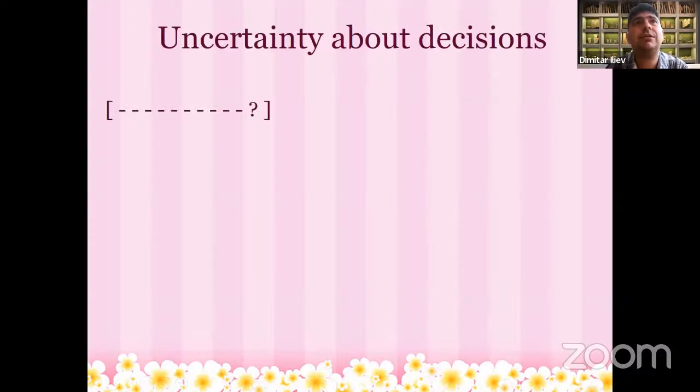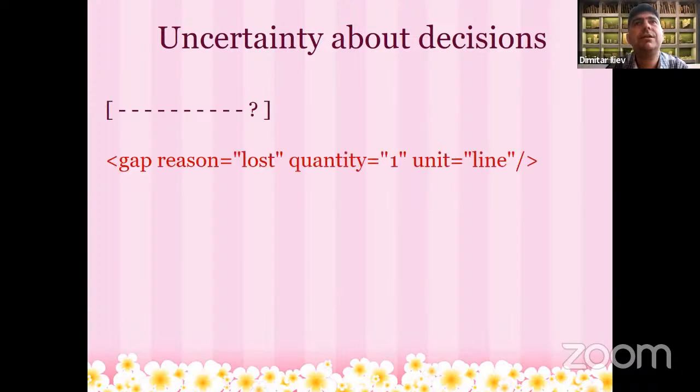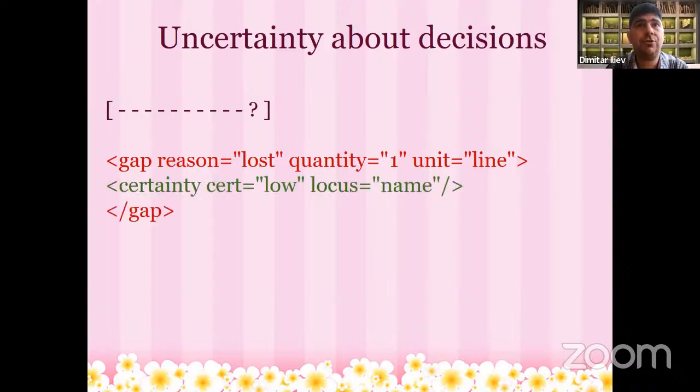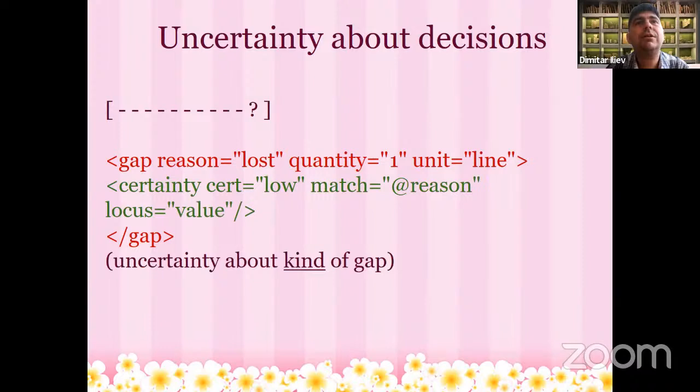Let us go quickly about this. So you have one line missing, probably, but we're not sure. We have certainty low, and we have locus and reason. I'm not sure if we can use this actually in our current template.